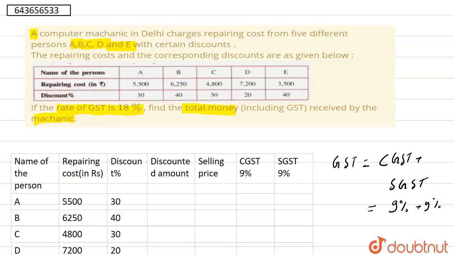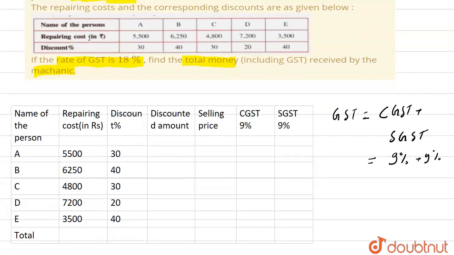Now if we solve our question, so first let me write the table. There in this table you can see that I already wrote the name of the persons A, B, C, D, repairing cost and the discount they will get. Now if we calculate the discounted amount, so discounted amount can be calculated as for first case it is 30% of 5,500.